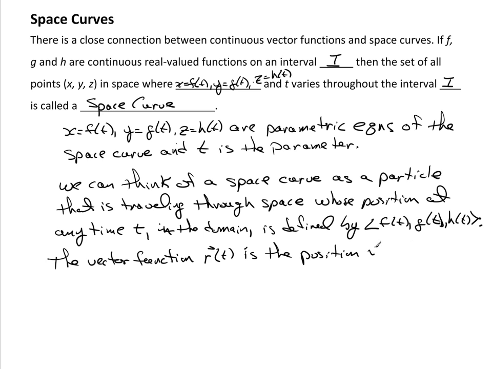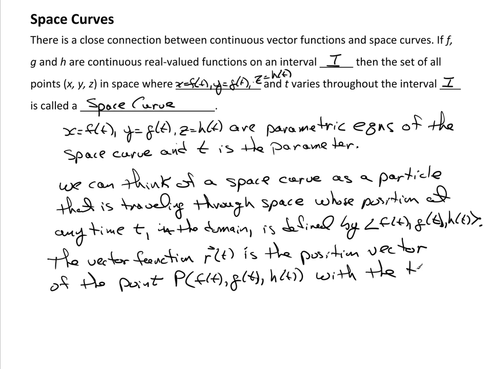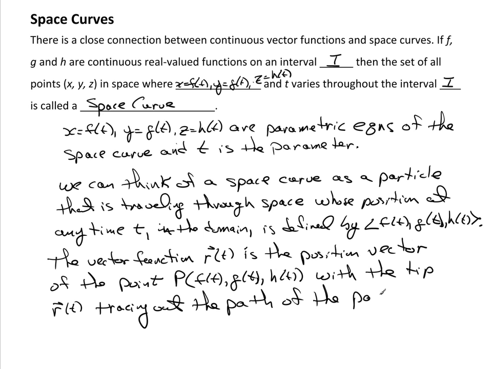This is a position vector of the point P, which is defined by the coordinates f of t, g of t, h of t, with the tip of that vector function r of t simply tracing out the path of that particle.